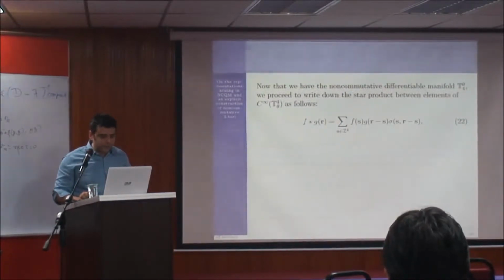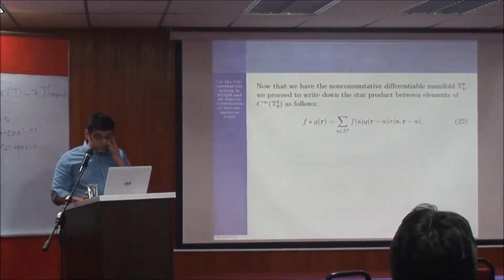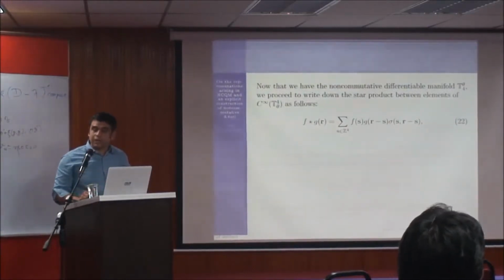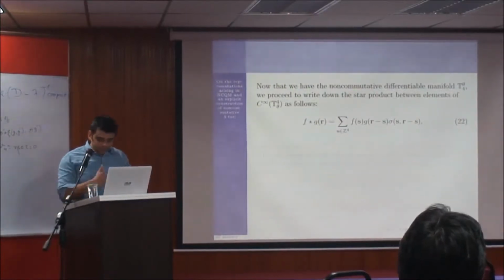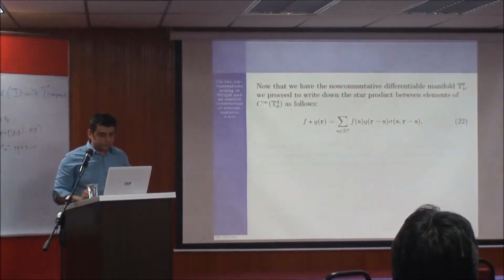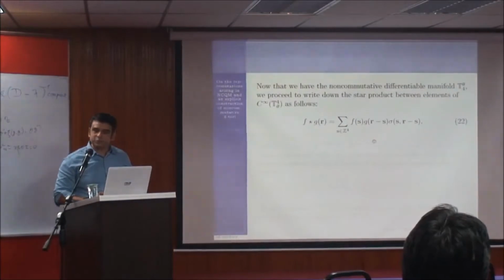So we are almost finishing. Now that we have the non-commutative differentiable manifolds, which we denote by T theta 4, if we take two functions on the non-commutative 4-torus, we denote them by f and g. The star product between them is given by this expression.